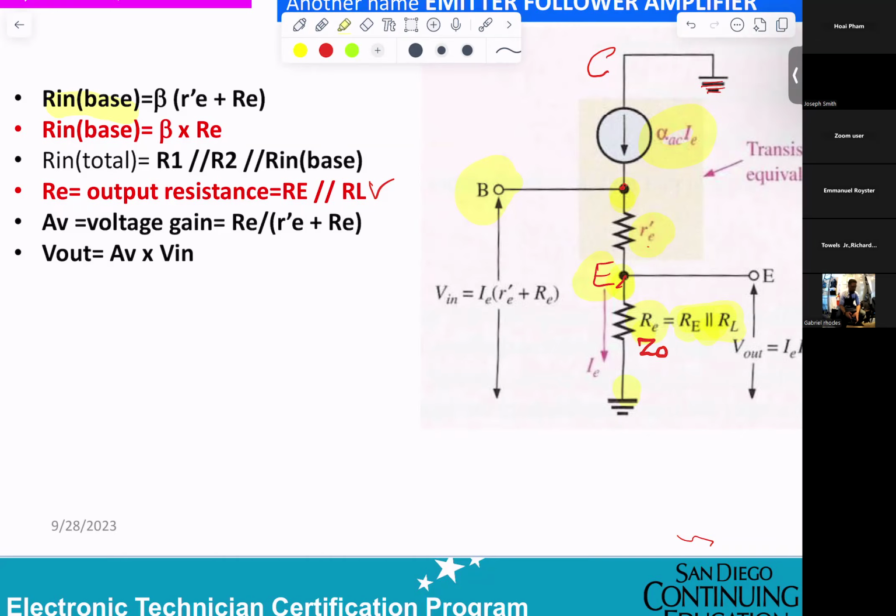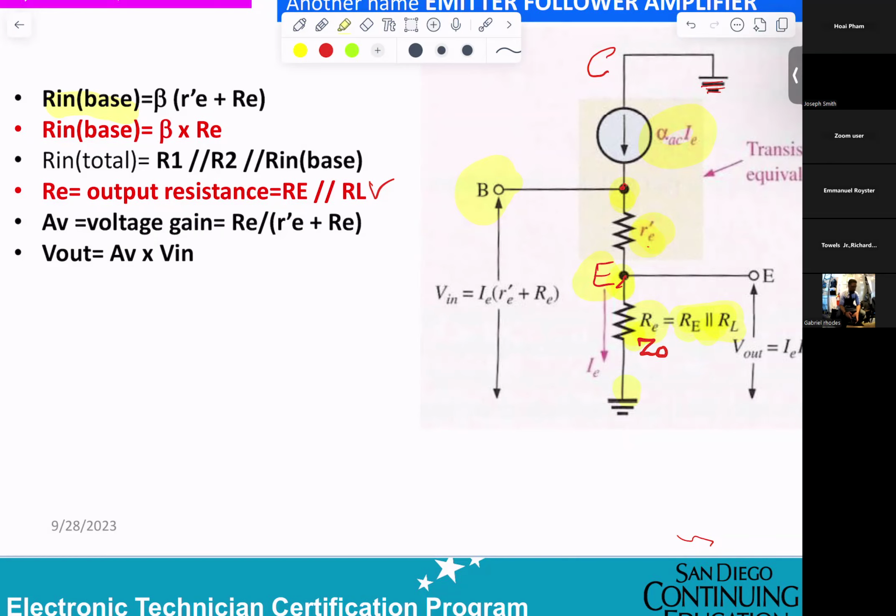Let's see, R in base, that means from the base to the ground, you get r prime e plus RE, times beta.